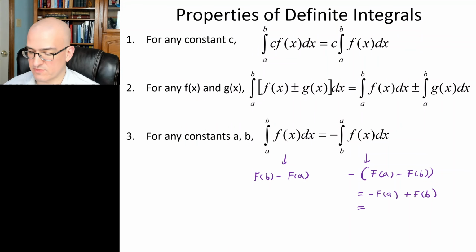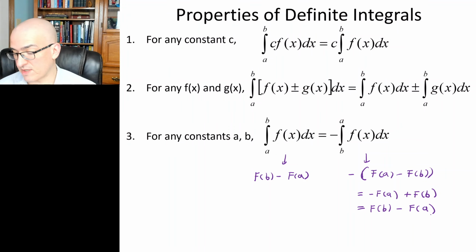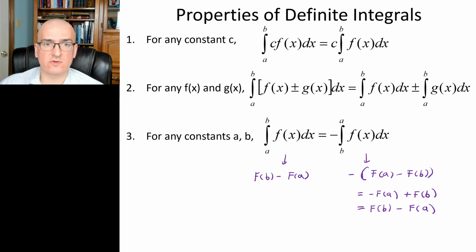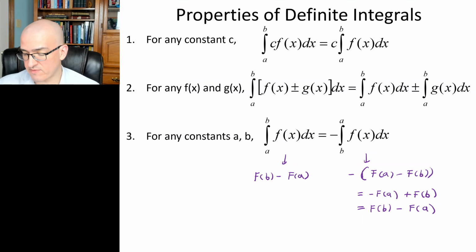Anyway, we'll exploit the fact that order of addition does not matter to say negative F of a plus F of b is F of b minus F of a. So that's why that happens.